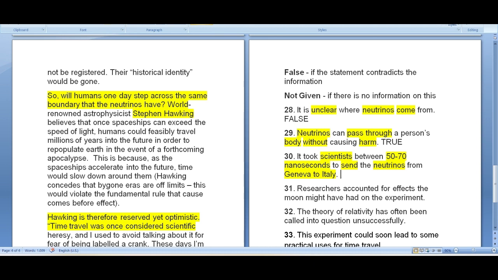We have a mention of 60 nanoseconds in another paragraph. That's why I'm telling you, beware when you see the same words. But it has nothing to do with what the statement says here. So, what is this? Not given. Thank you very much. I hope you agree with me. Hopefully, we'll see the solutions in the end, but I think it's clear so far. Let's go to the next statement.